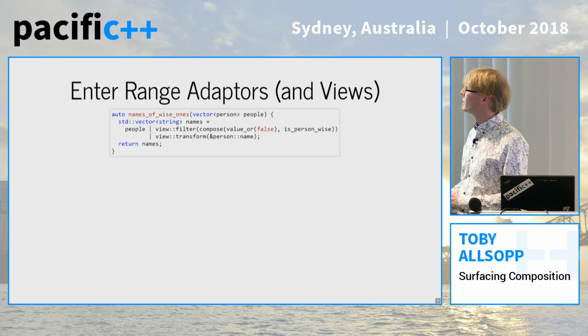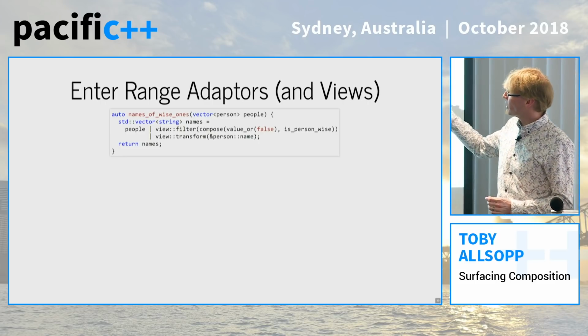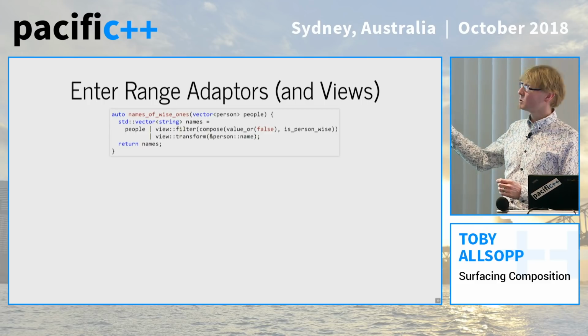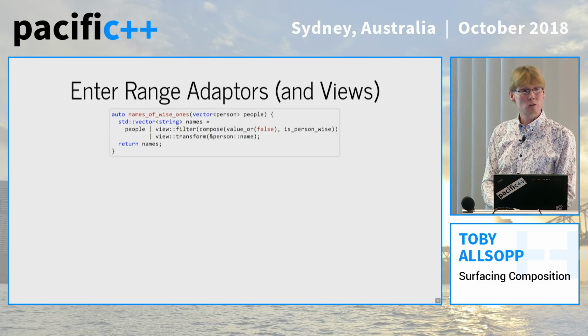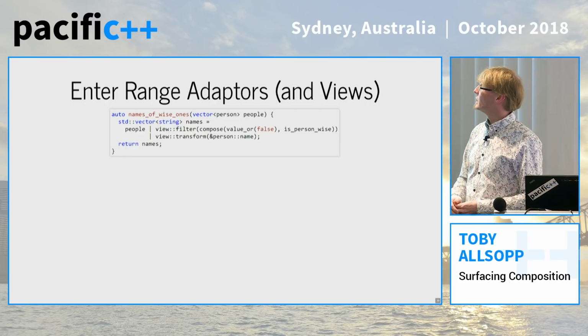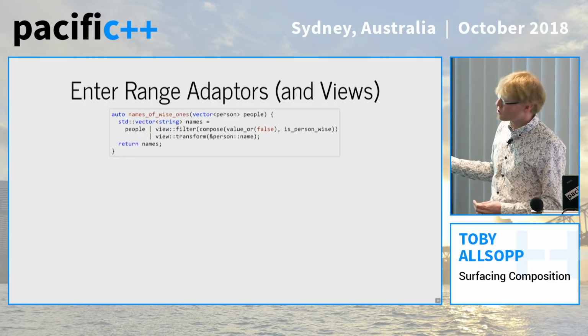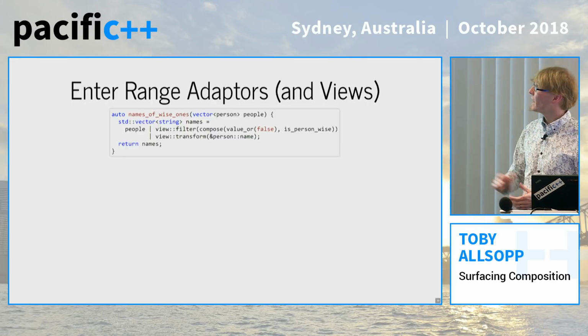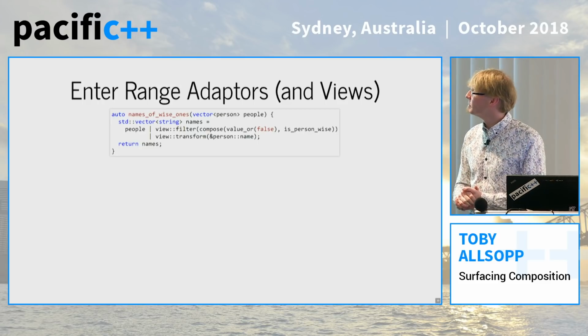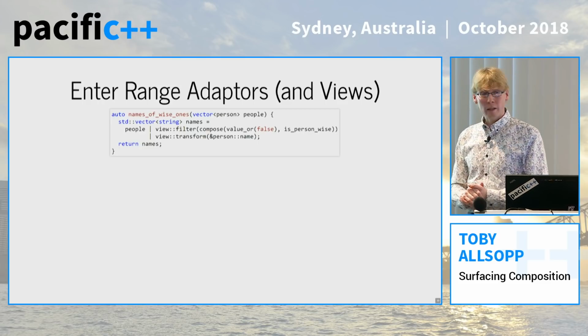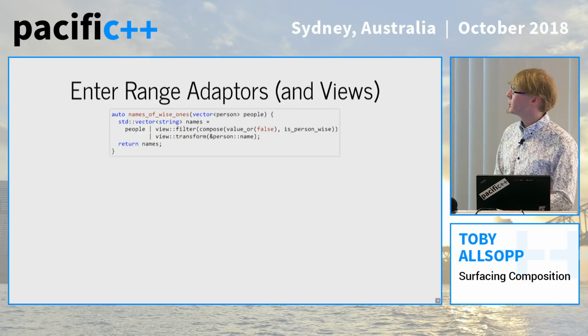In this code, we only create the result vector. We don't create any intermediate data structures, and it's short. And I think it quite succinctly expresses what it is we're trying to do.